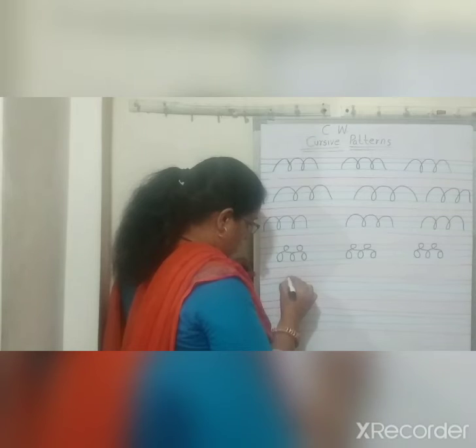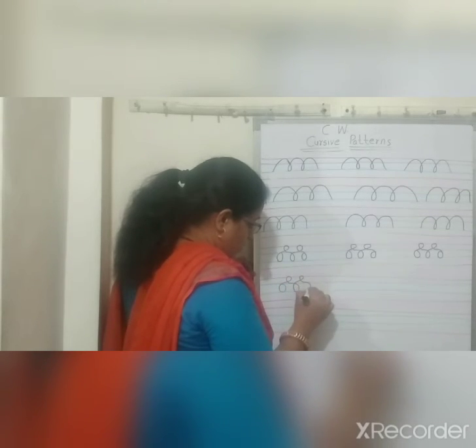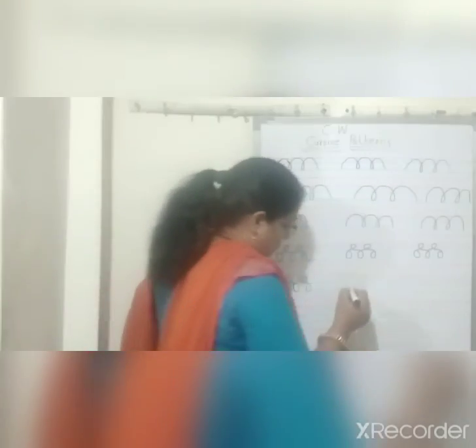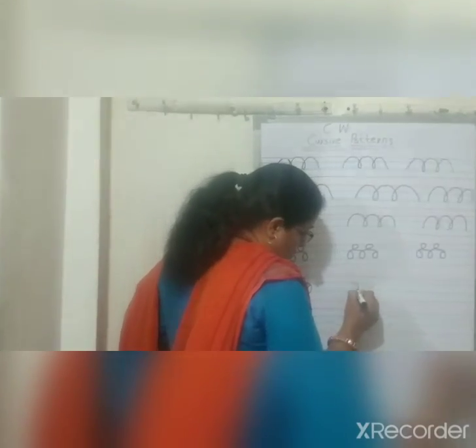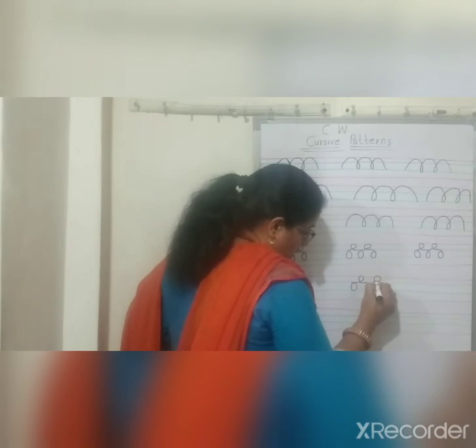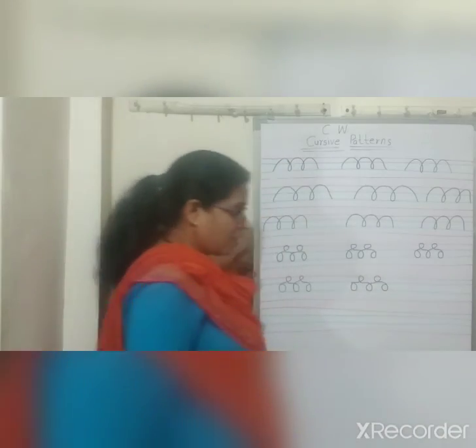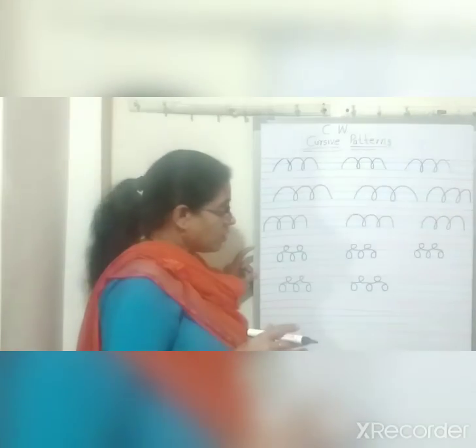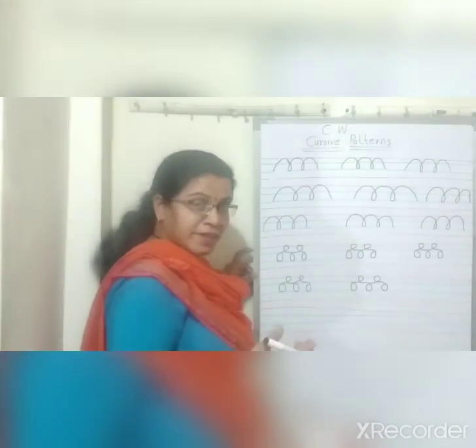Make a circle, again make a circle, 1 2 3 4 5 circles are there. Again make a loop, again and again. It needs very hard work and practice.